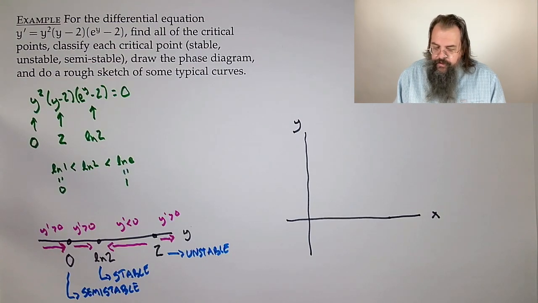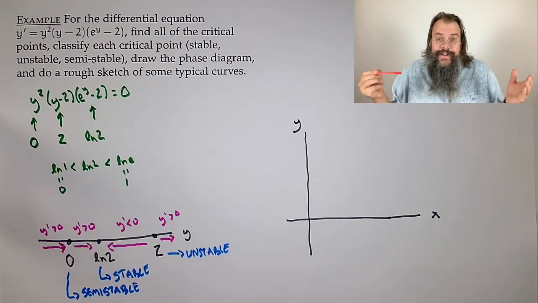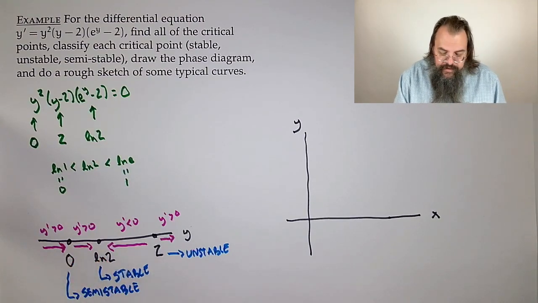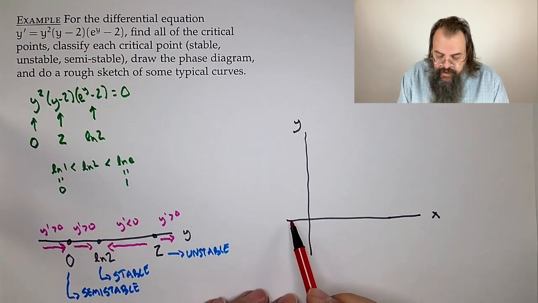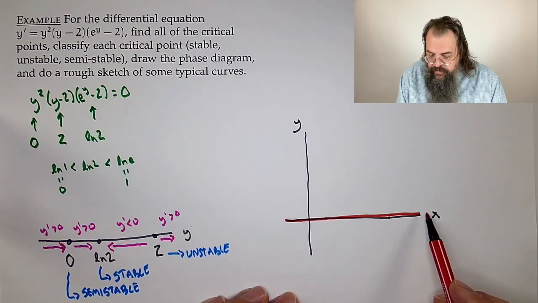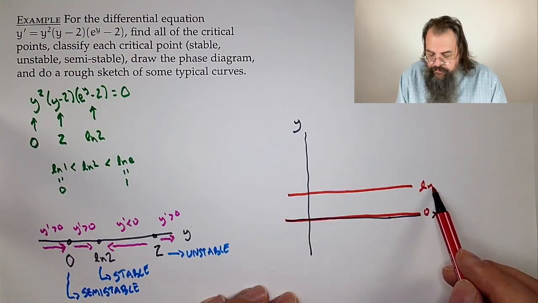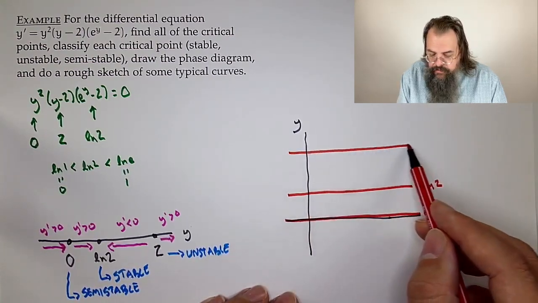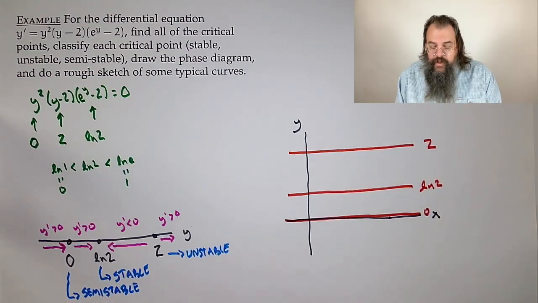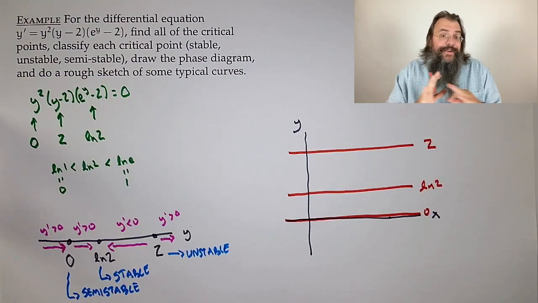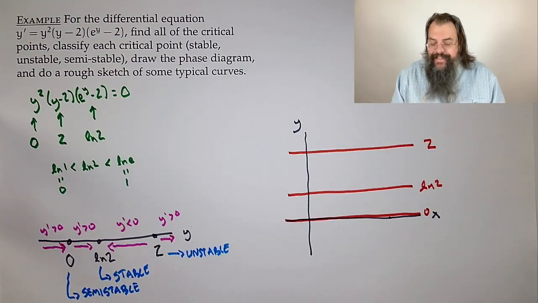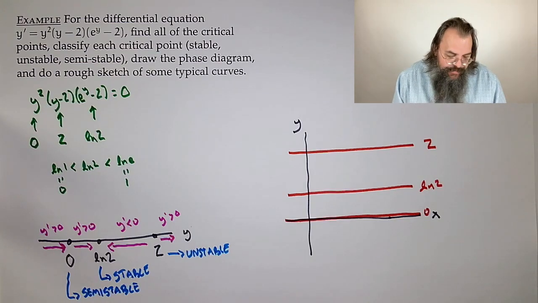And we say, all right, sketch our constant solutions, which come from the critical points. So we have 3 of them: 0, log 2, and 2. Those are actually 3 sketches, and there's nothing rough about them. Those are highly exact, precision sketches.